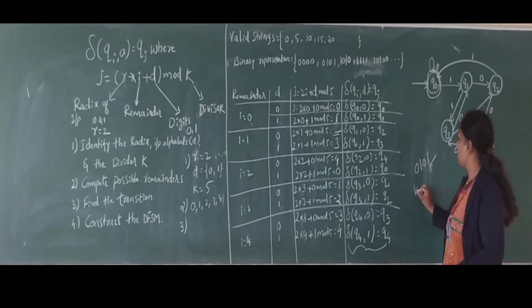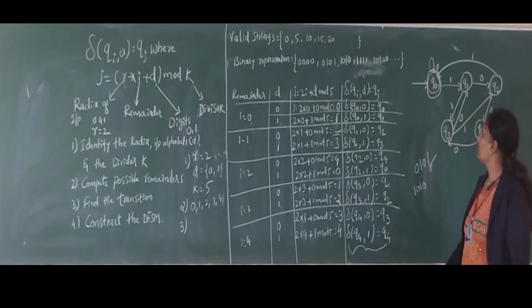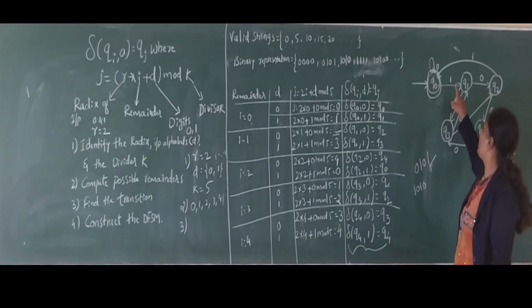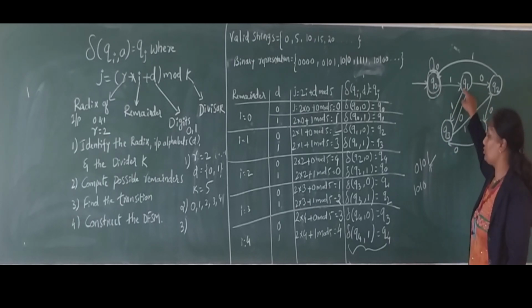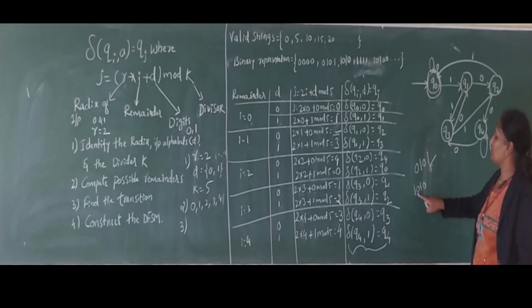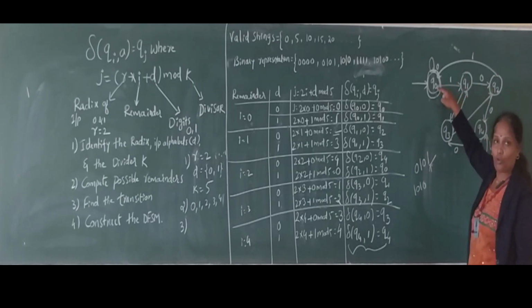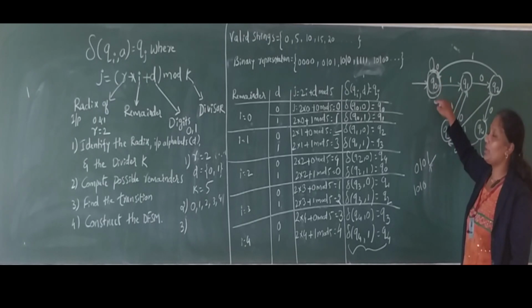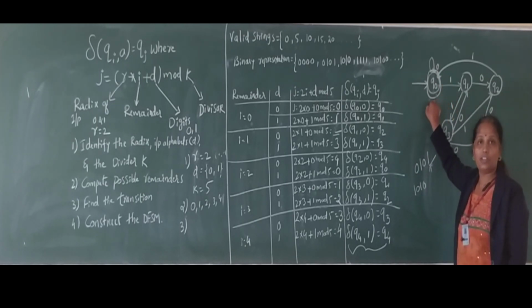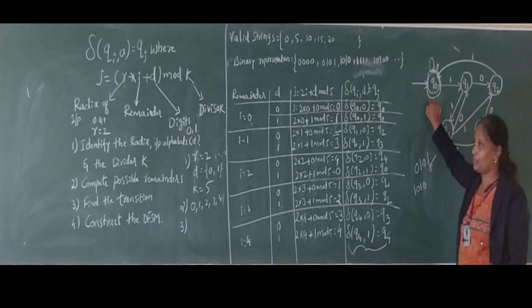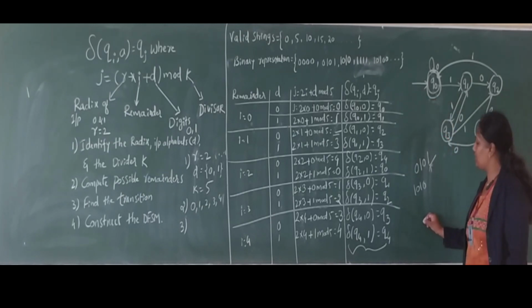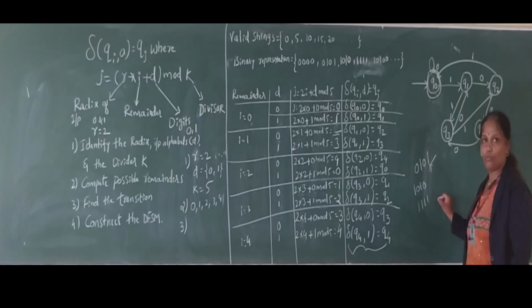Next, 1, 0, 1, 0. Start from the Q0 state, when 1 comes, you change the state to Q1. Next, when 0 comes, you move to Q2, when 1 comes, you move to Q0, and next 0 you stay in the same state, which is a final state. Next, take the input string 1, 1, 1, 1.